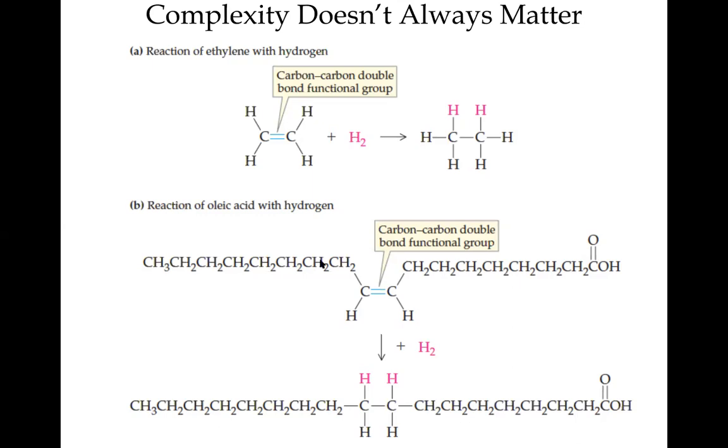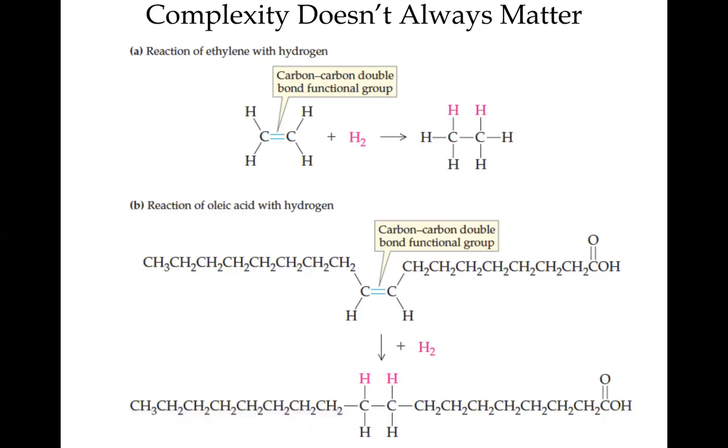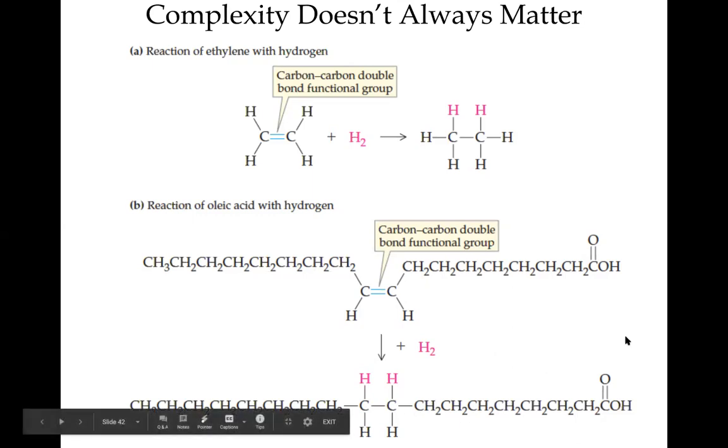When it encounters hydrogen gas, same thing. It forms 2 bonds with hydrogen. So it's going to behave similarly. This functional group, in this case, the double bond, is going to behave similarly in a very simple molecule as it does in a very complex molecule.